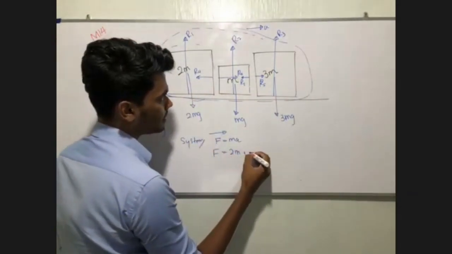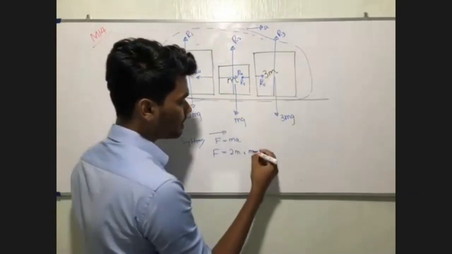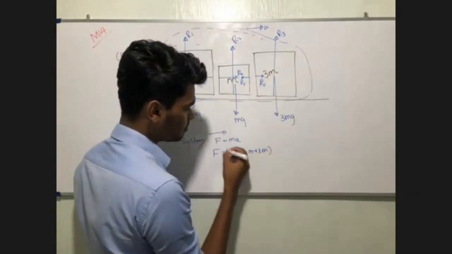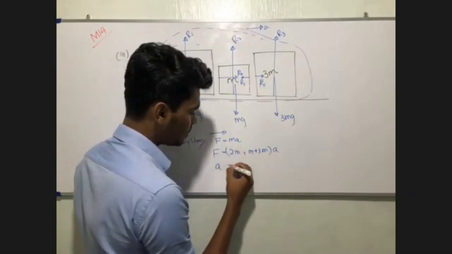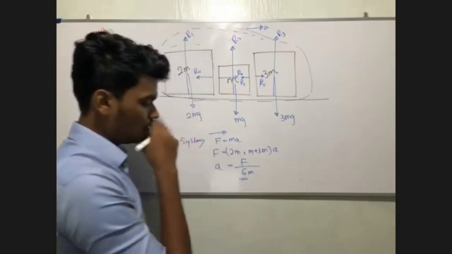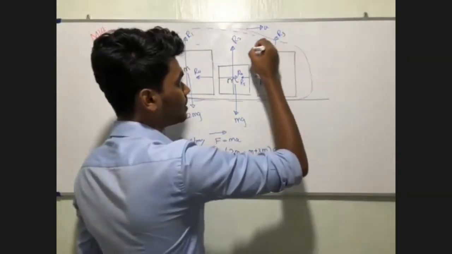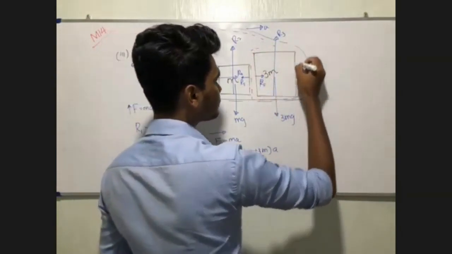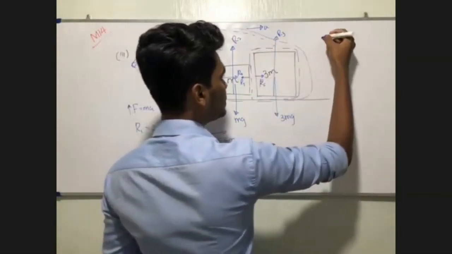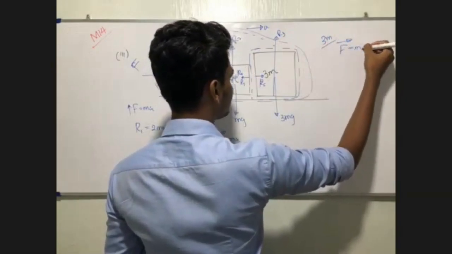The total mass is 2m plus m plus 3m, which is 6m, times A. A is equal to F over 6m. We have found the acceleration. To find R5, consider only 3m and apply F equals ma in that direction.